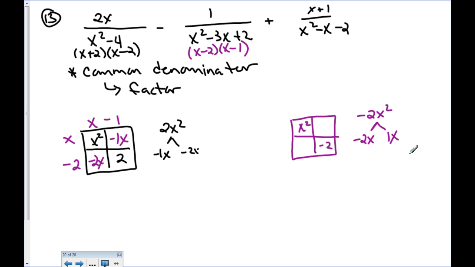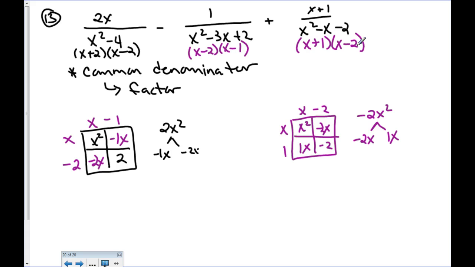Correct? So what can I factor out of the top row? Bottom row. Left side. Right side. Okay, so I have x plus 1 and x minus 2.